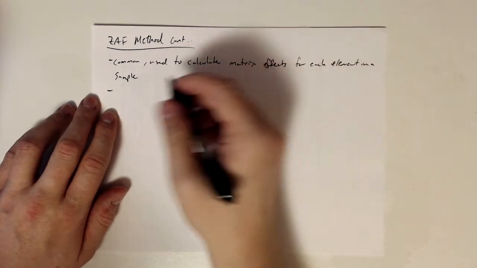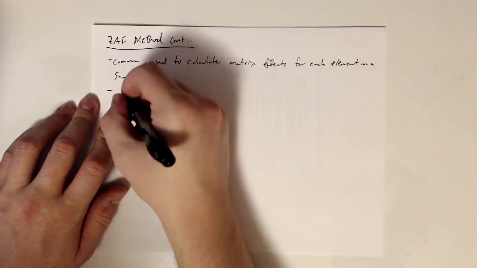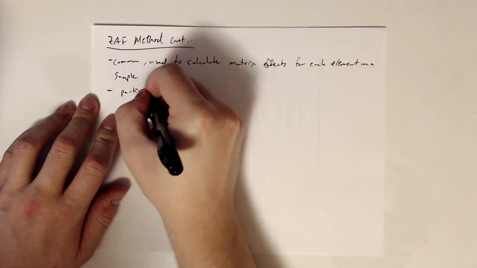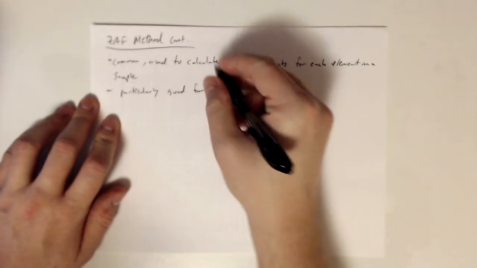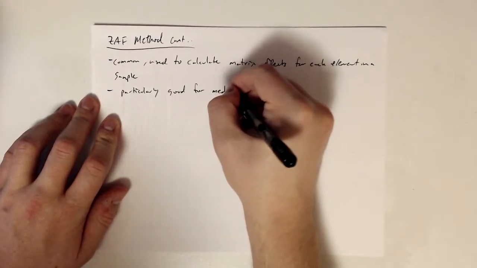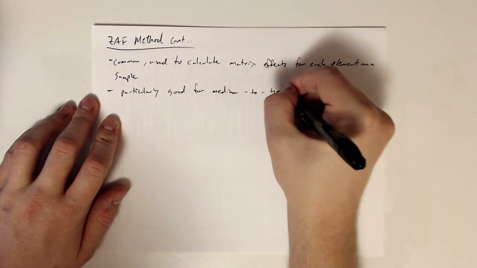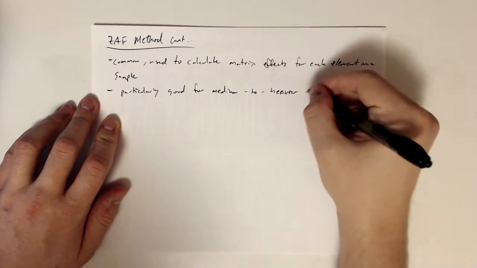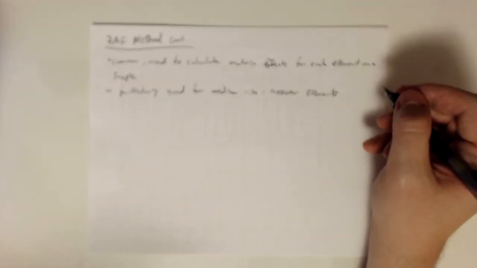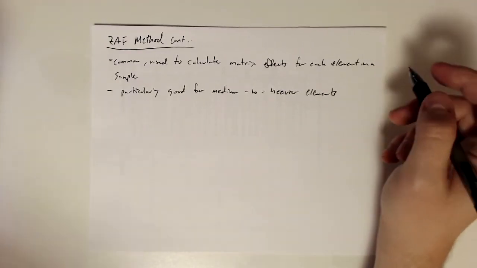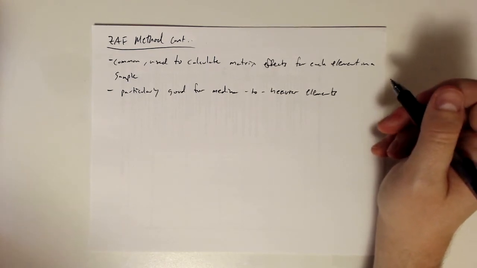The calculation of these matrix effects is particularly good for what we would refer to as the medium to heavier elements. So let's go through and look at these matrix effects one by one.